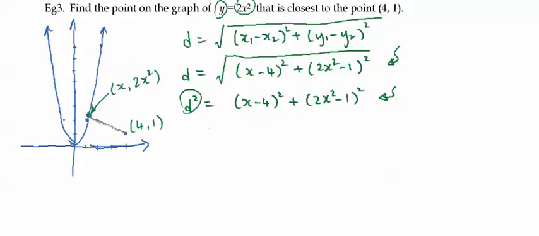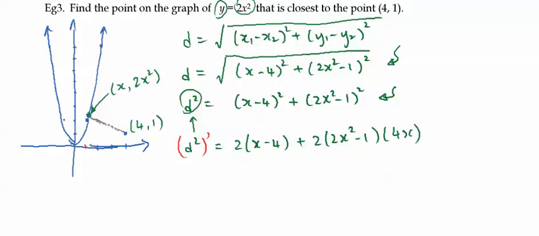So in this case, I'm going to just differentiate this part. Starting with d squared, I want to differentiate it. And on the right hand side, as I differentiate this, I have 2 times (x minus 4) plus 2 times this. And don't forget your chain rule.